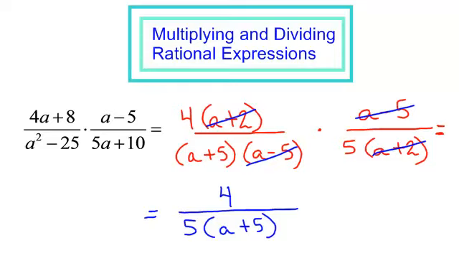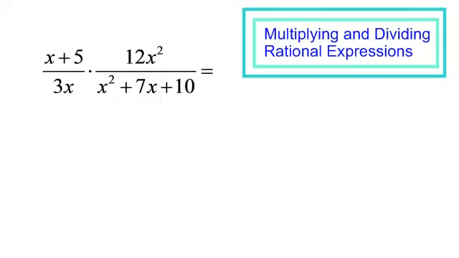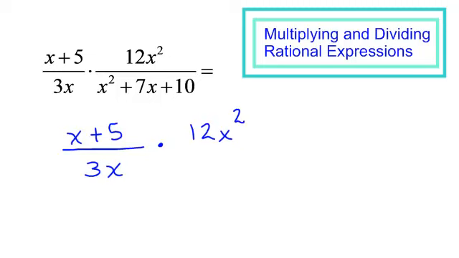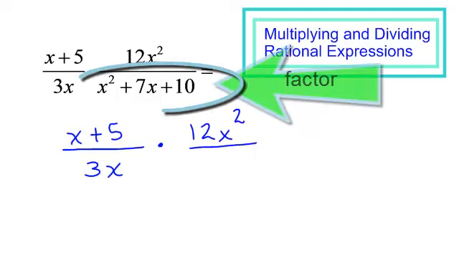Let's try another one. I have x plus 5 over 3x times 12x squared over x squared plus 7x plus 10. My first fraction will remain the same. There is no factoring needed. My second fraction only needs to be factored in the denominator.